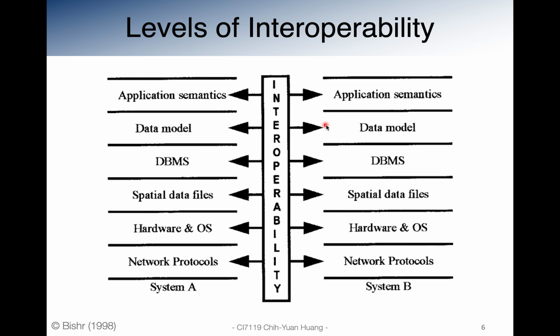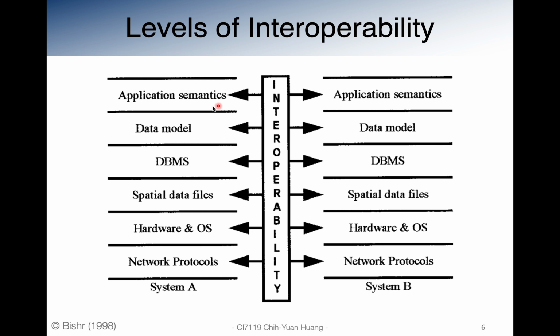Then finally, the more abstracted level is the semantic. System A and system B could be describing the information under the same semantic, or under the same ontology. So they have the same meaning for a specific term, the same understanding.